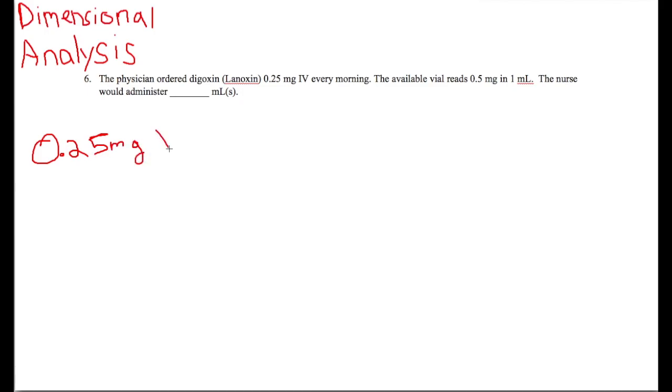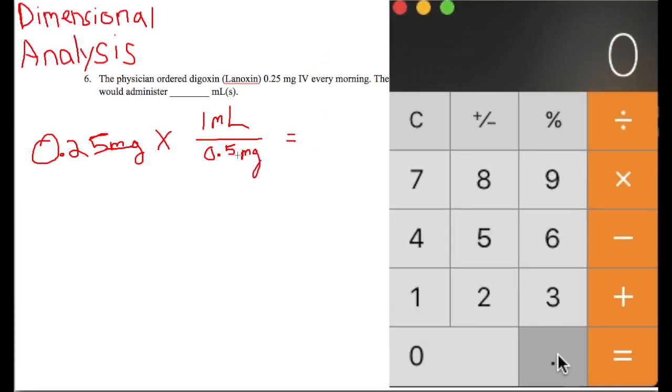We're going to multiply that by our amount, which is 1 milliliter, over our milligrams, so they will cancel out, which is 0.5 milligrams. Our milligrams cancel out, and our answer is actually going to be 0.5 milliliters.